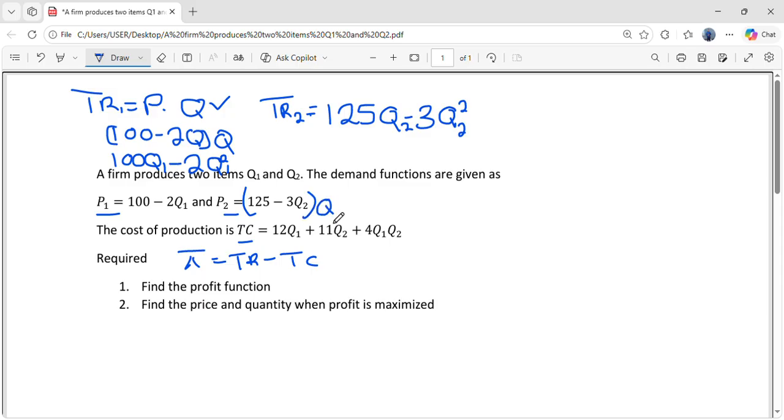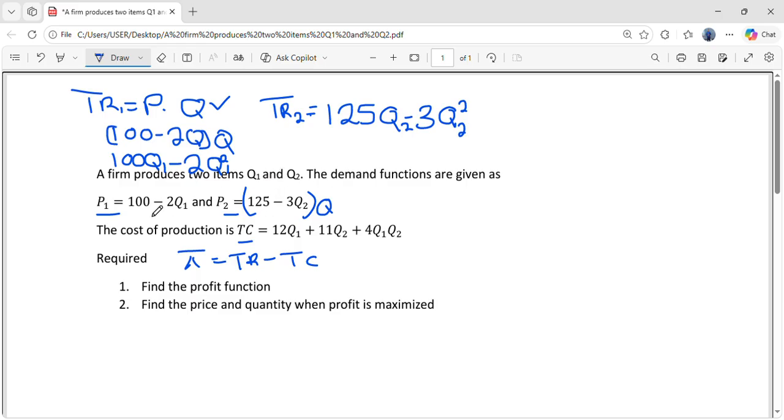By Q. So we first multiplied the price function by Q for us to be able to get the total revenue function for good number 1, and we also multiplied this function on number 2 by Q for us to be able to get the function of good 2.